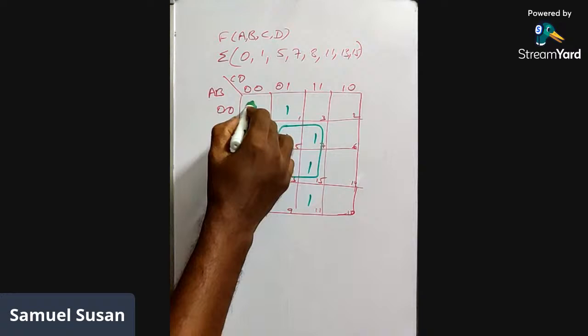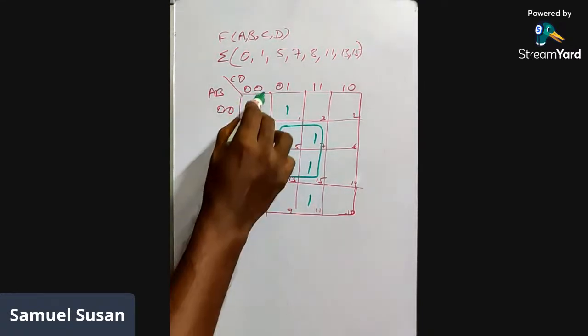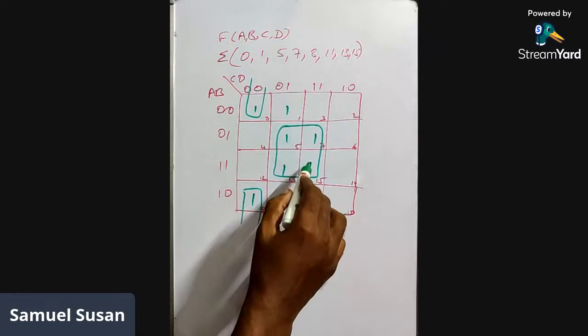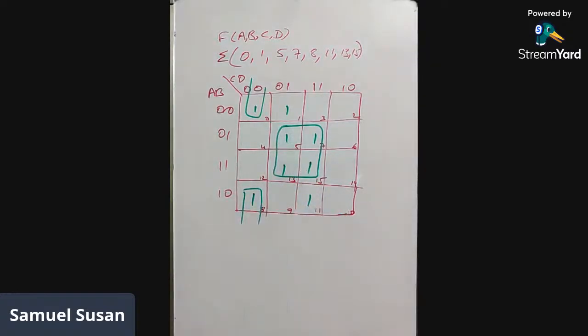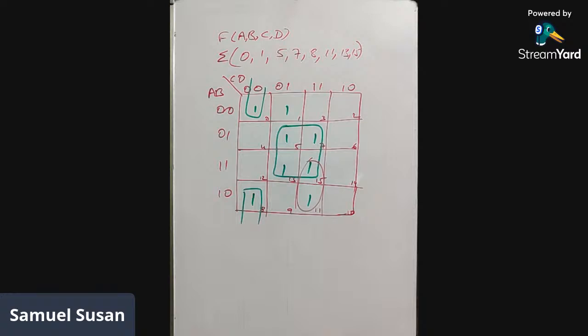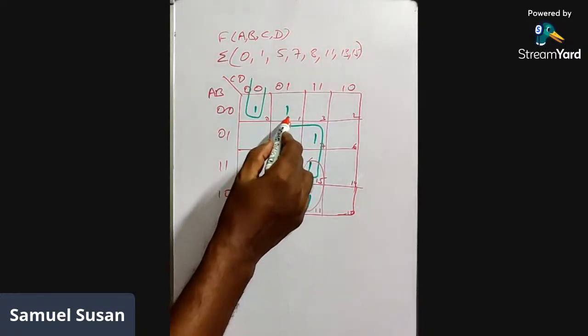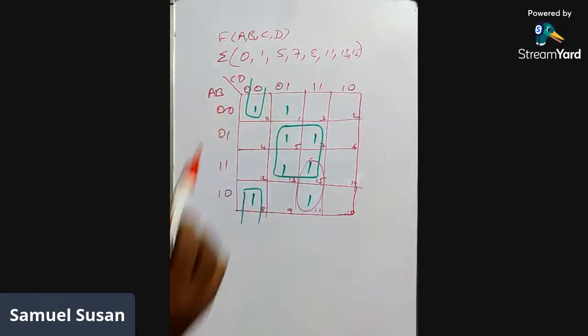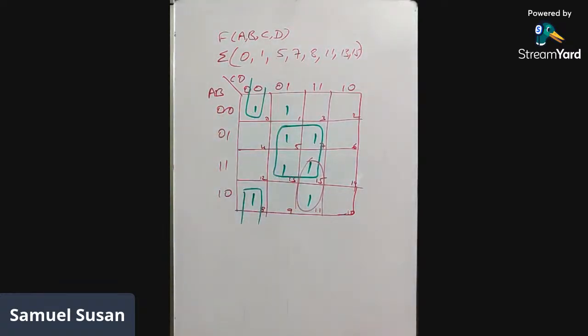Then you can pair this one with this one, and these two, let me use another color here. This is also a pair there, right? And here finally this one is there. You can pair this one with this one or this one. Both are correct. Okay, so a K-map doesn't have a unique answer.